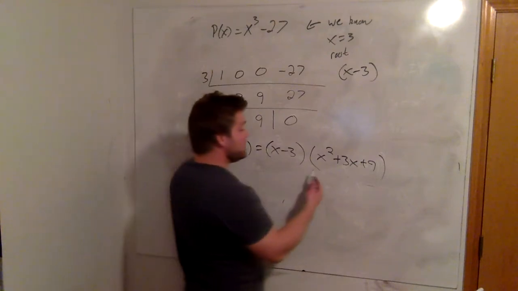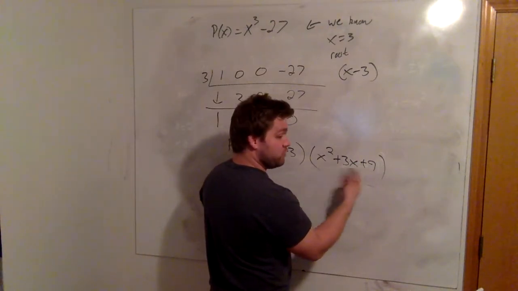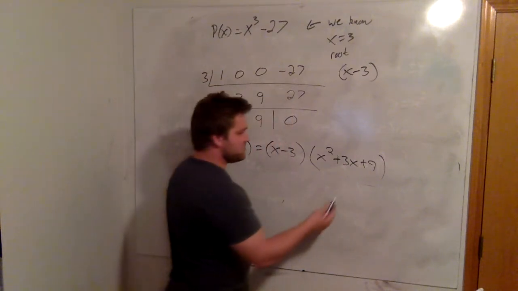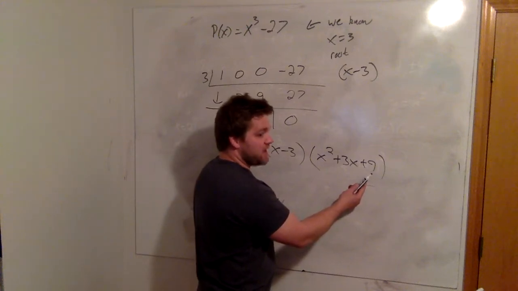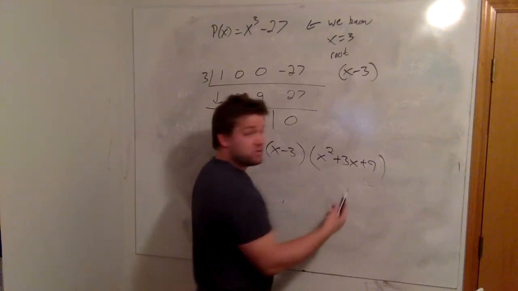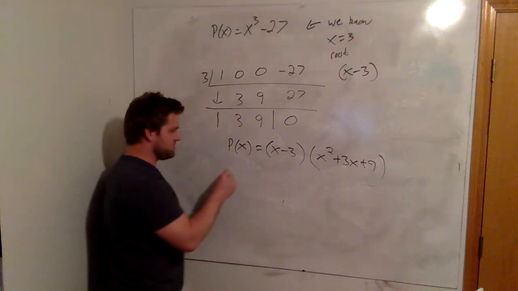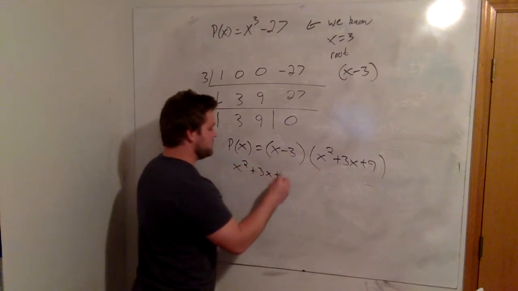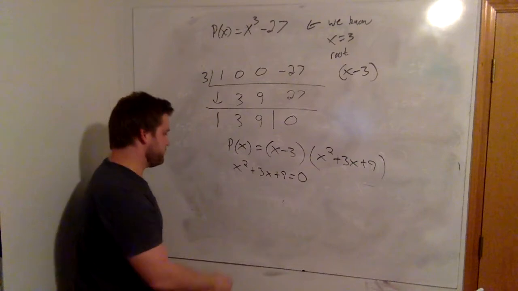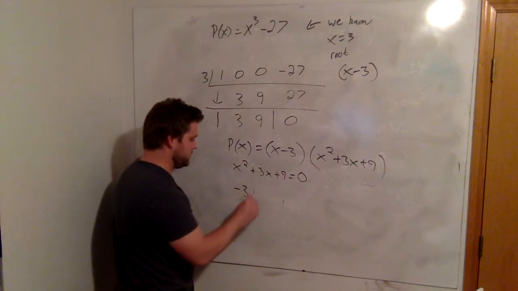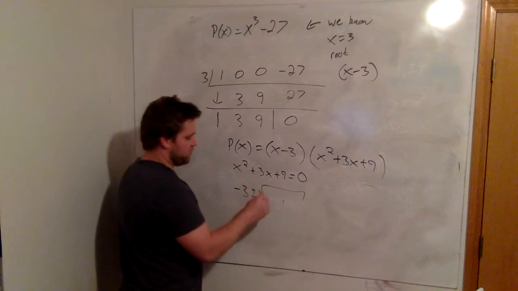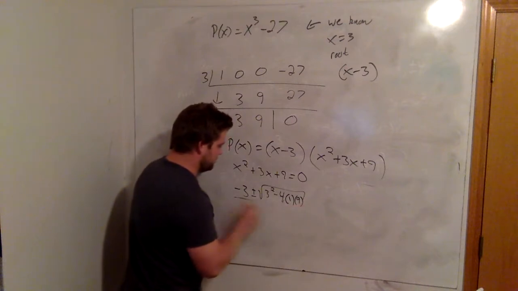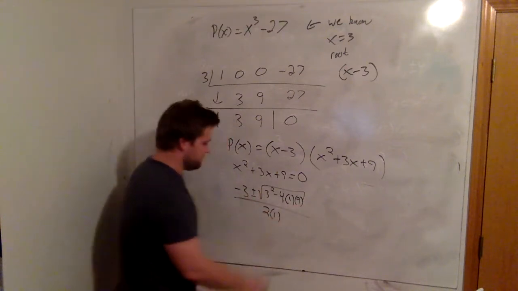Okay, now what am I going to do? I'm going to try to figure out the roots of this quadratic. If you try to factor it by hand, unfortunately, I don't think it's going to work out very nicely. You try to find the factors of 9, so 1 and 9, and 3 and 3, that add to 3. None of those combinations will work, so we'll just use the quadratic formula. We want to know when x squared plus 3x plus 9 equals 0. Using the quadratic formula, I get negative b, negative 3, plus or minus the square root of b squared, so 3 squared, minus 4 times a, which is 1, times c, which is 9, all over 2a, so 2 times 1.